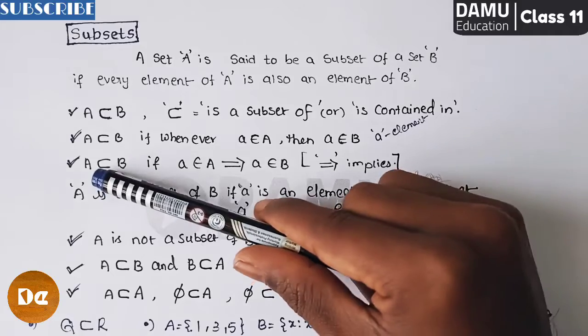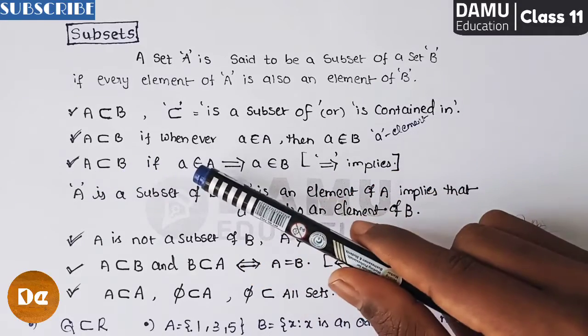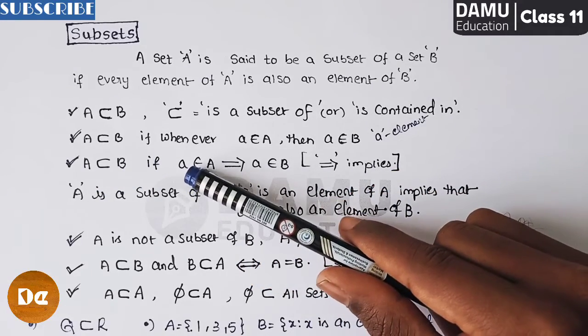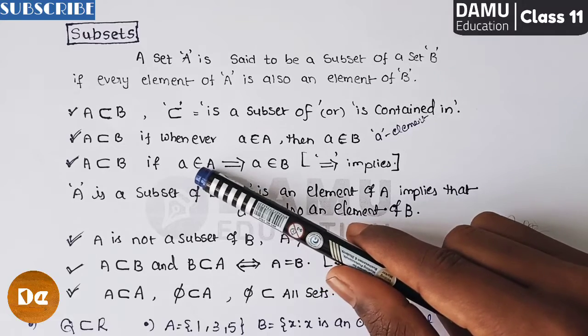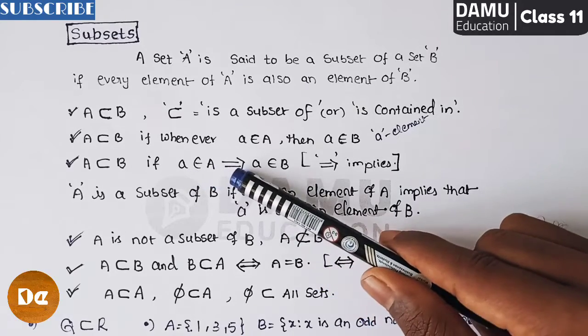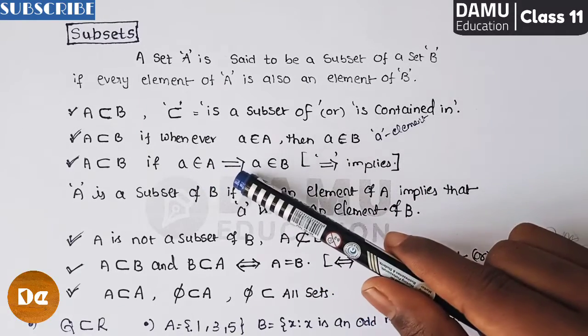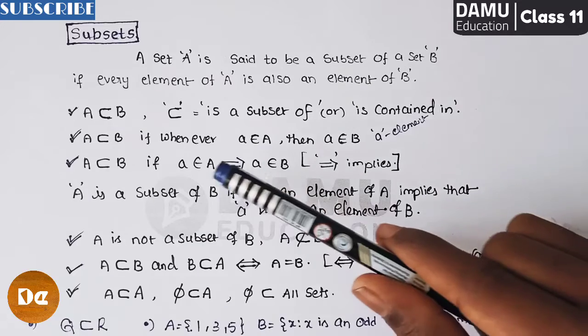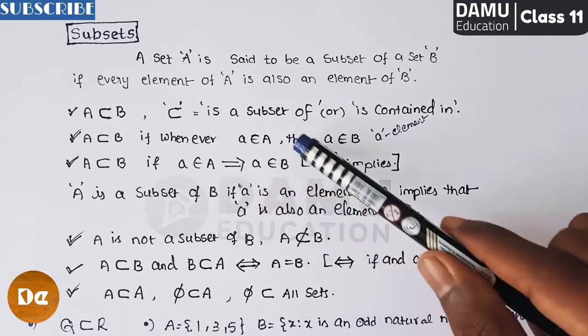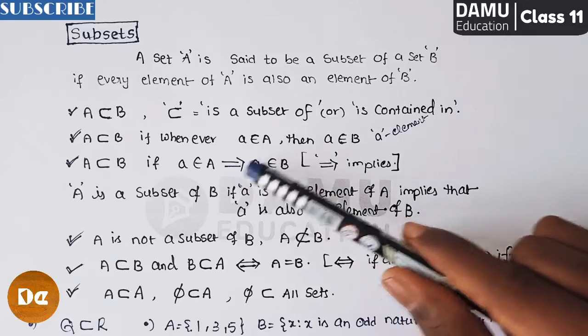The next one, A is a subset of B if small a, this is an element, small a belongs to A, then, so here this is the symbol of implies. Implies means that after this condition, it is possible.